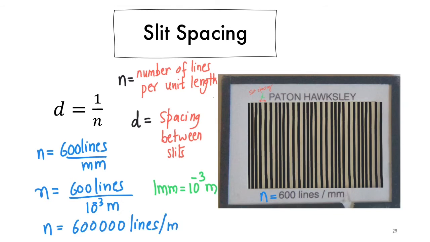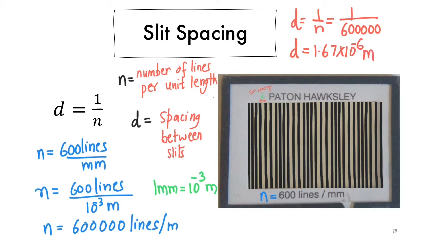Now we'll substitute it back into the formula for d and use our calculator to get the answer. The value of d is 1.67 × 10^-6 meter. And that's our slit spacing for the given diffraction grating.